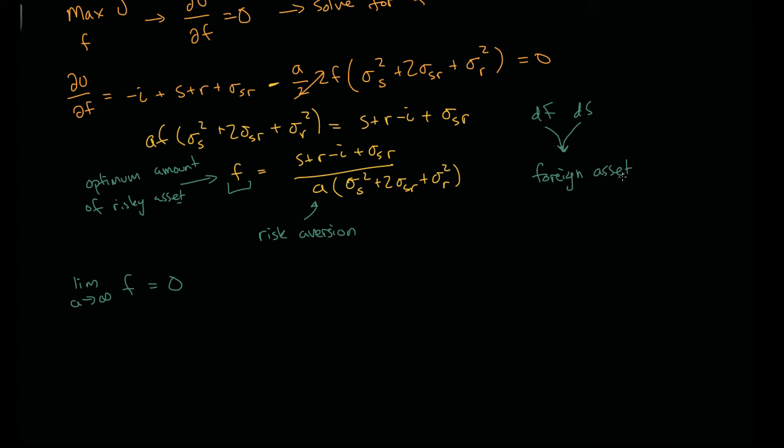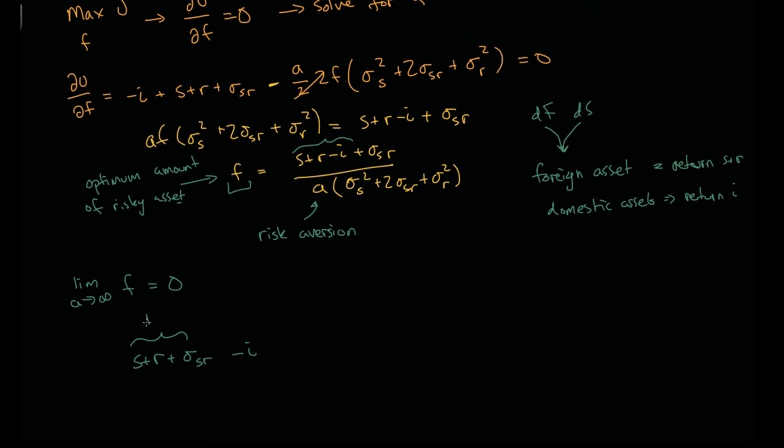The foreign asset, which has a return of s plus r, and then the domestic asset, which has a deterministic return of I. So if you look up here, you can actually see that this is the excess return, that you have s plus r plus the variance, and then minus I. So this is the risky rate of return.